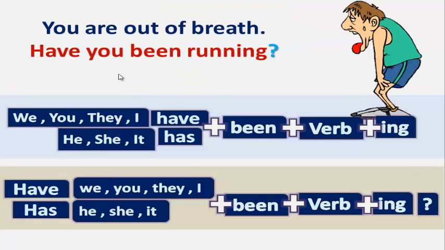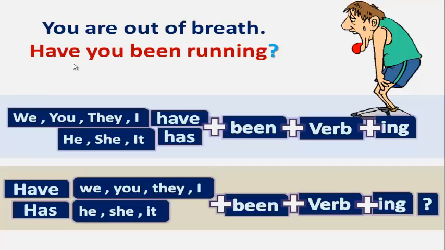So far, so good. How about questions? Well, let's examine the following picture. Have a look at it. Right, you're out of breath. Have you been running? Have you been running is a question in which the tense is the present perfect continuous.